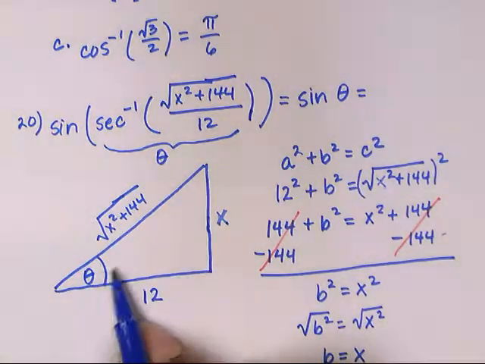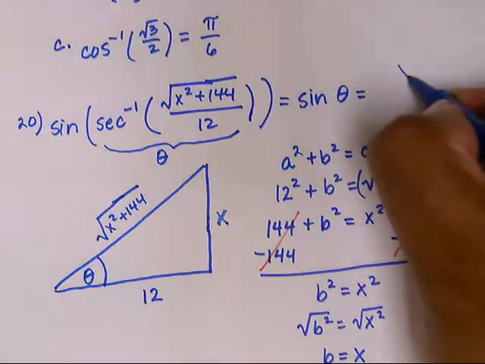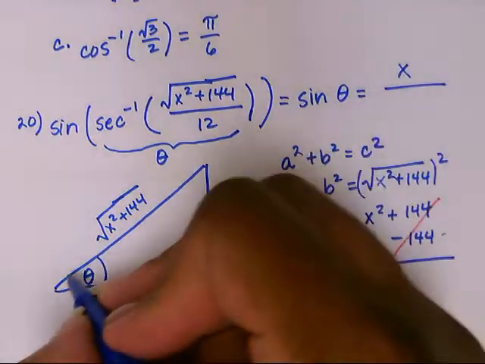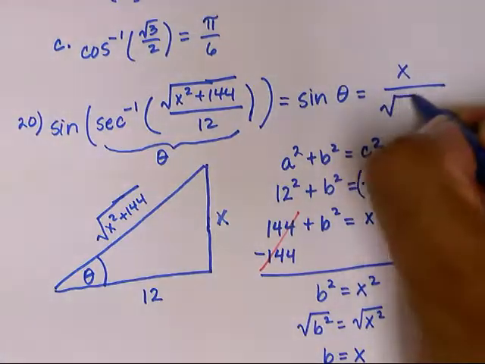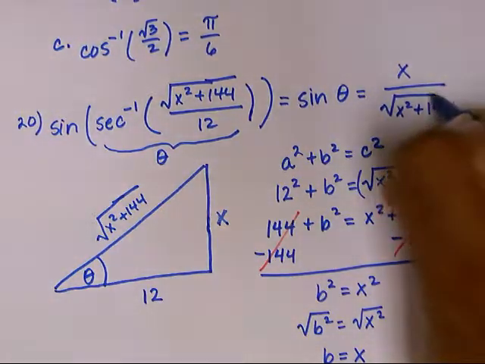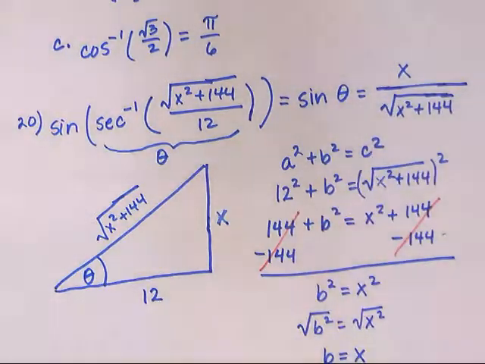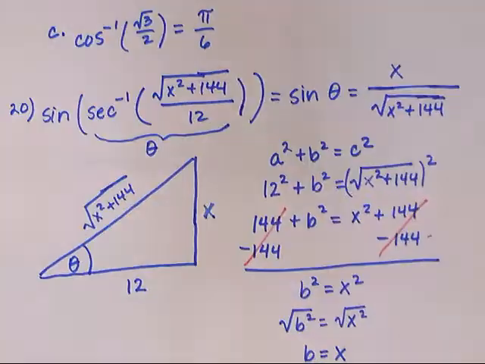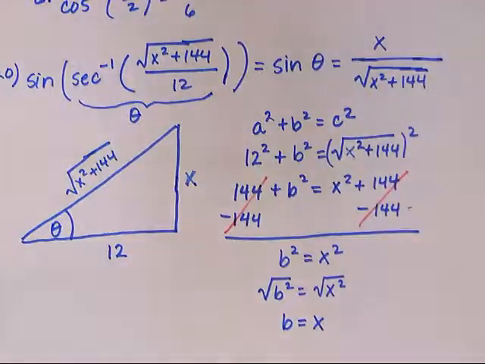The opposite side is x, over the hypotenuse, the square root of x squared plus 144. And I'll give you credit for it if you leave it like that. So the sine of the inverse secant of the square root of x squared plus 144 over 12 will end up being x over the square root of x squared plus 144.